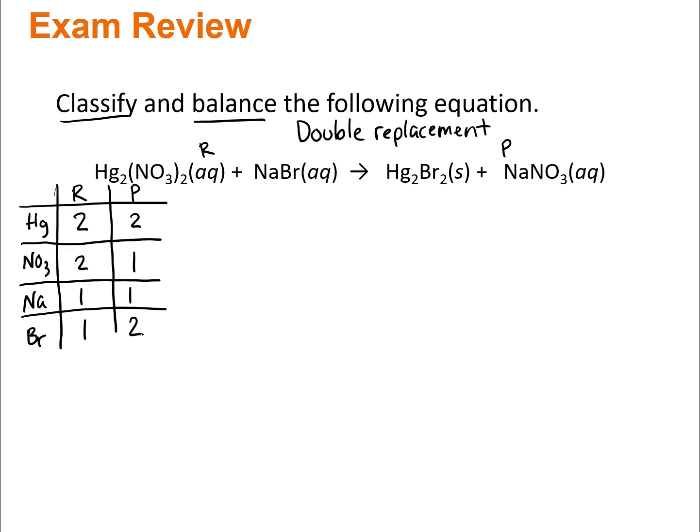So we're clearly not balanced. I always like to start with the polyatomic ions. You look for the lowest common denominator between the number of ions on the reactant side and the product side, and that's 2. So we're going to multiply where we see the nitrate ion by 2. Always put that number out in front.